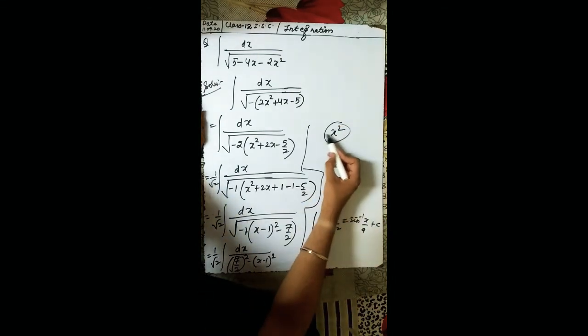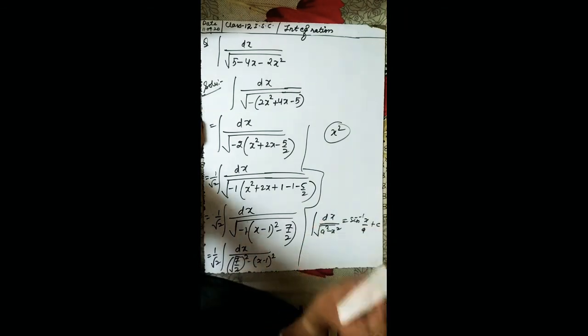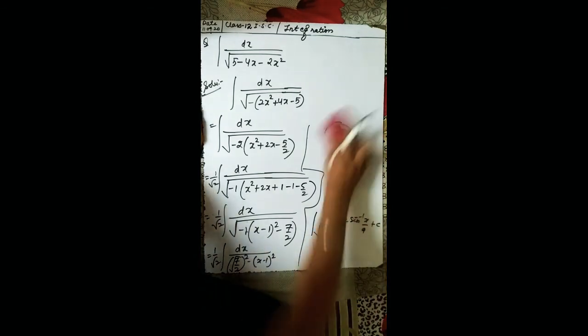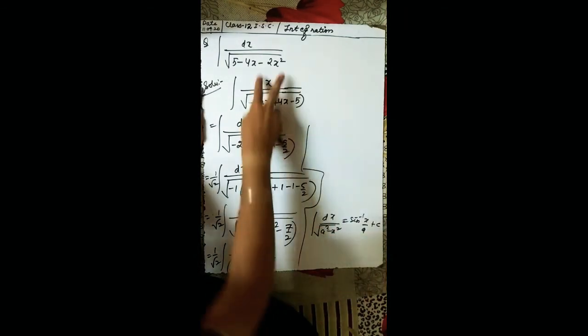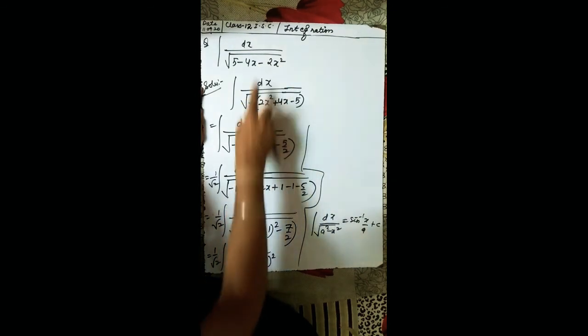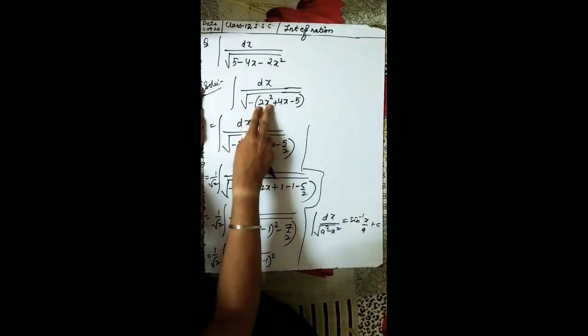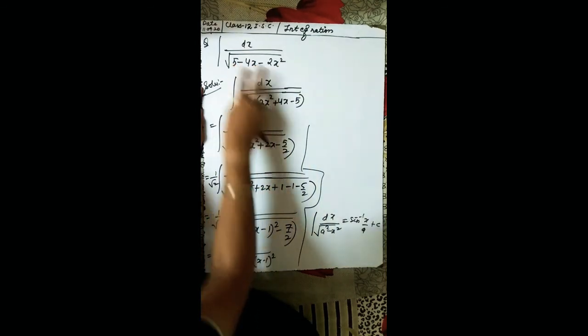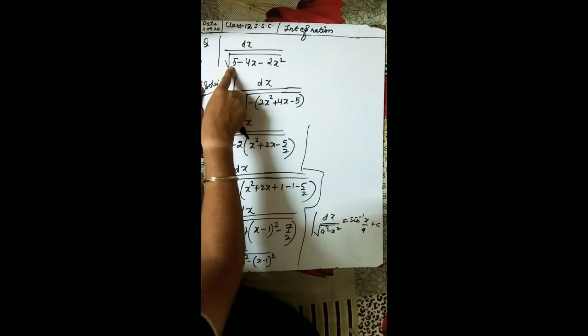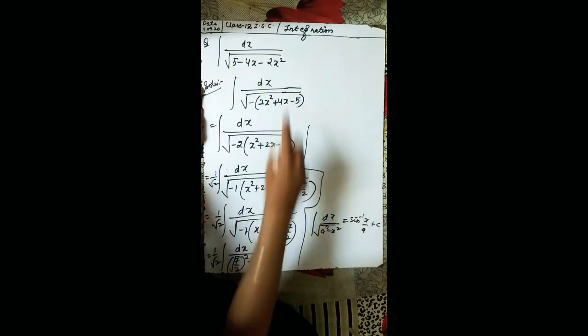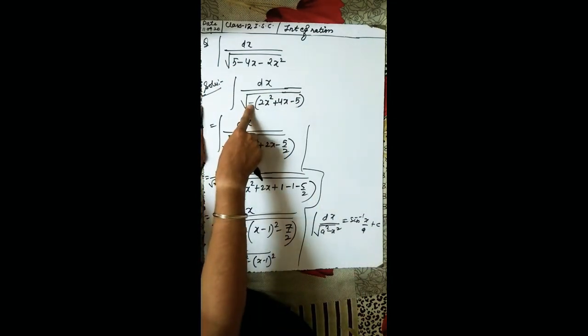There won't be any minus sign or any coefficient along with it. So what I am doing, this is minus of 2x square. I'm taking minus common. So it will be plus of 2x square, plus of 4x, and this is plus of 5, so it will become minus of 5, and I have taken minus common.